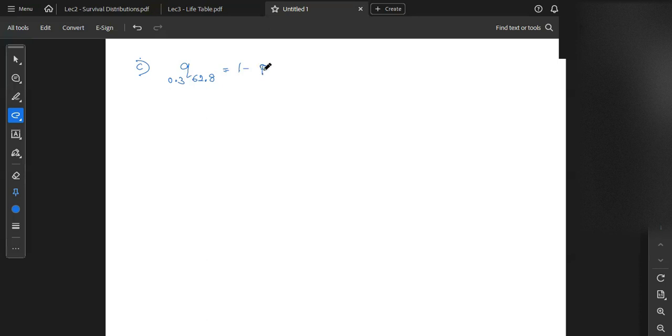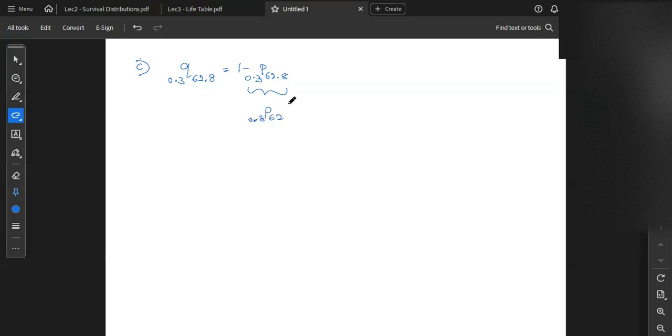First, we write it like this. So this is true. Now we can get this part using this. We know they have survived for 62.8 years. That means on the number line, starting from 60, they have survived 0.8 years.